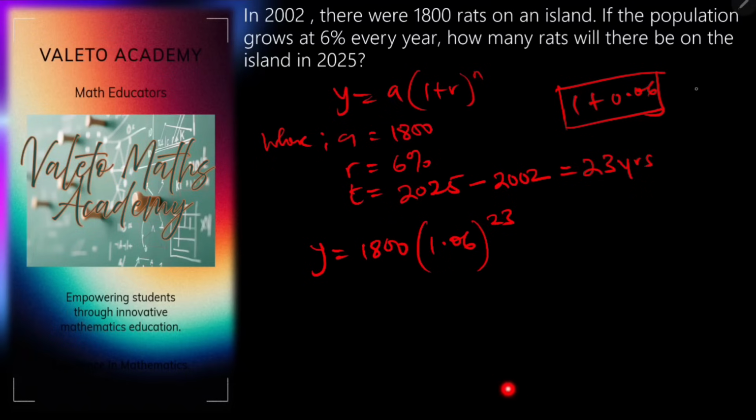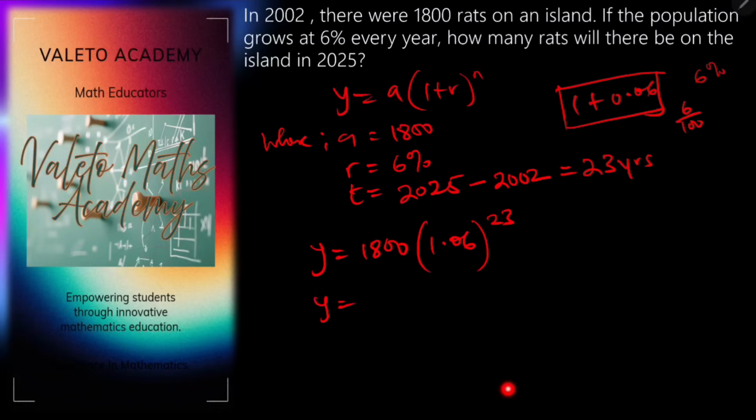And 0.06 is the same thing as 6%, which is 6 over 100. All right, so we proceed. You can put this into your calculator and then we'll see what we have. 1.06 raised to the power 23 times 1,800.